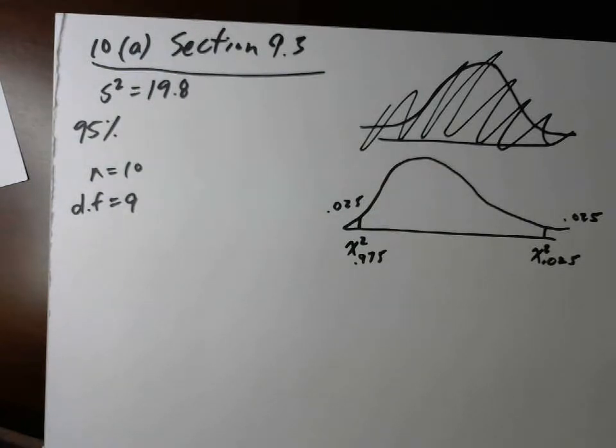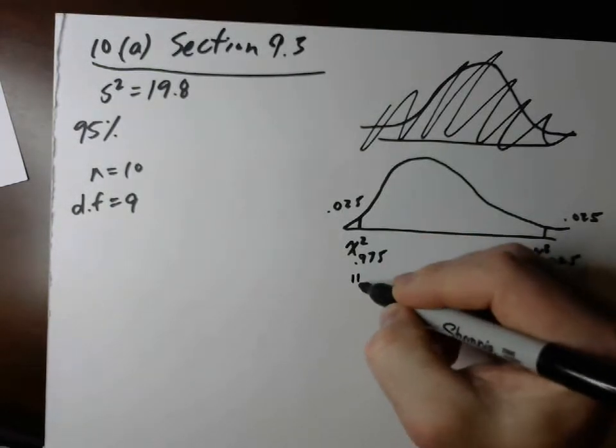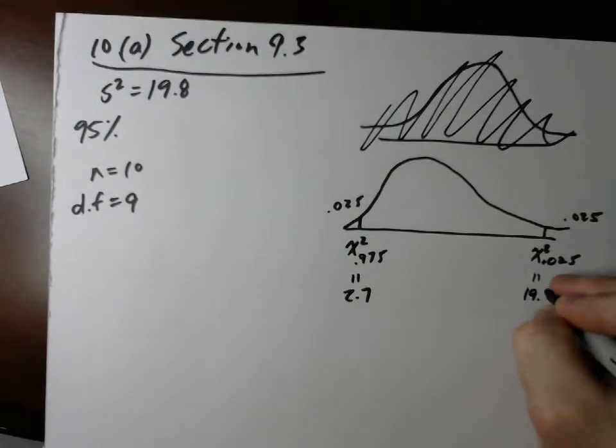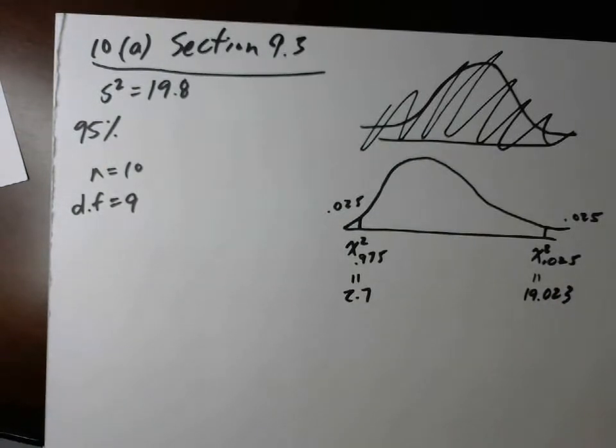We can see that we are looking at row 9 for degrees of freedom of 9, and we want to look up 0.975. That would be 2.7. And then we want to look up chi-squared subscript 0.025 with degrees of freedom of 9, and that would be 19.023. All right, there we go. We have our two chi-squared values.